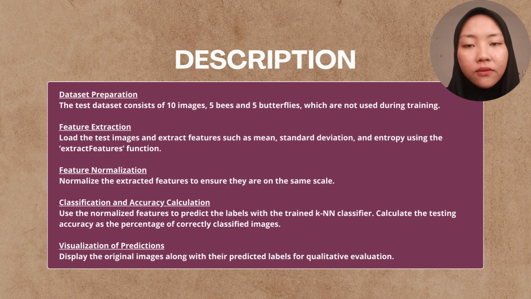Normalize the extracted features to ensure they are on the same scale. For classification and accuracy calculation, use the normalized features to predict the label with the trained KNN classifier. Calculate the testing accuracy as the percentage of correctly classified images. For visualization of prediction, display the original image along with its predicted label for qualitative evaluation.